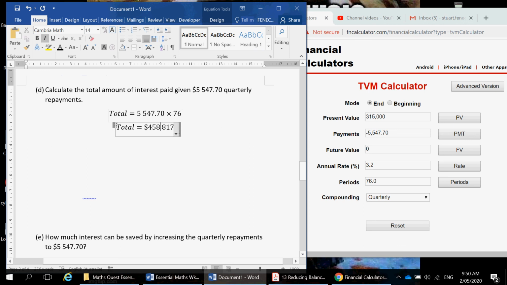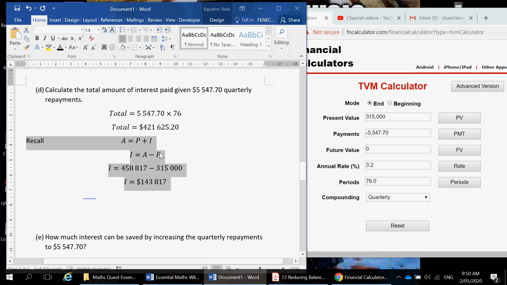And the total amount now is actually a lot less, $421,625.20. All right, but to find out the interest, we need to remember that that's the amount he paid. You take away the amount he borrowed, and we'll find out the amount of interest.